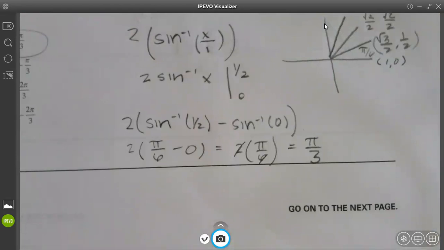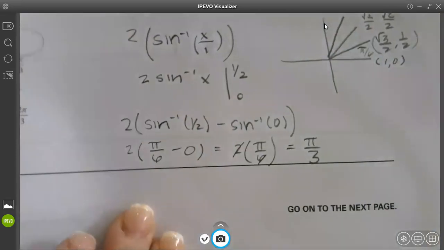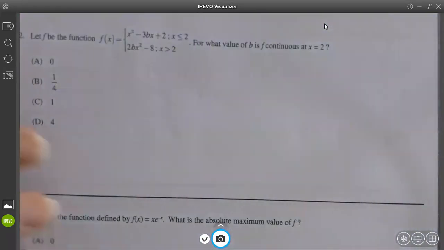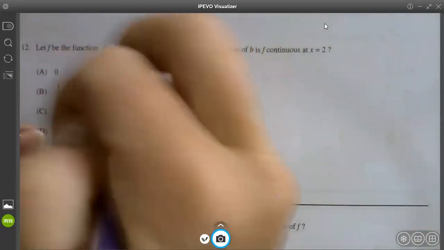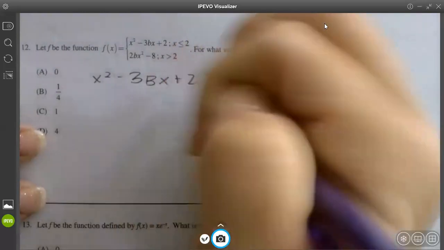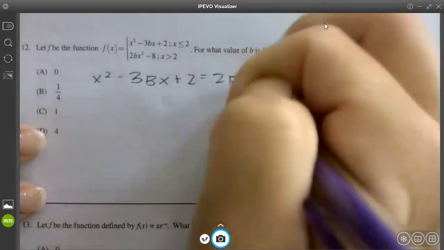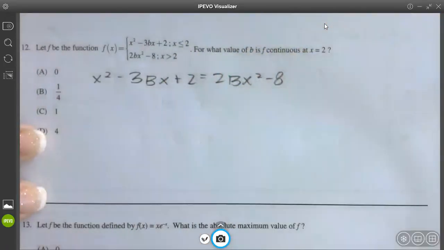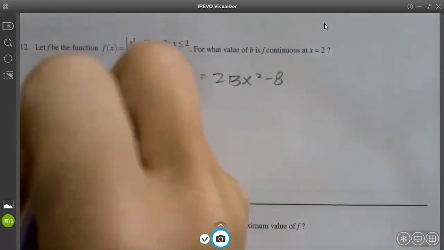So how do I do number 12 now? Set them equal to each other and plug in your x. x squared minus 3bx plus 2, 2bx squared minus 8. Our x is 2.